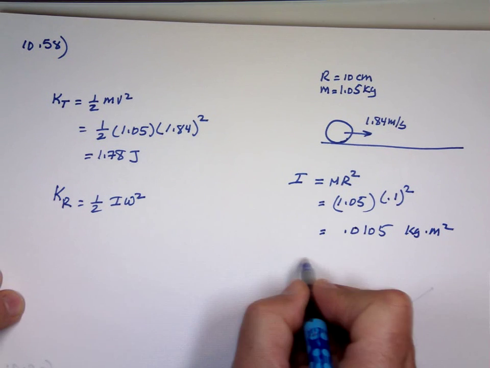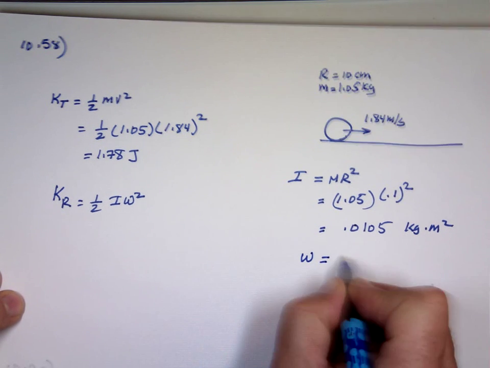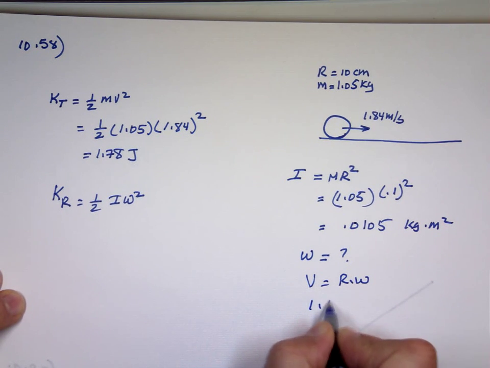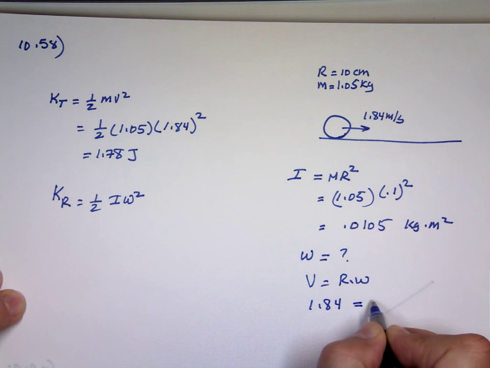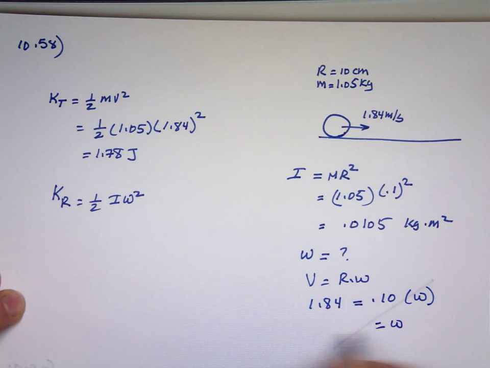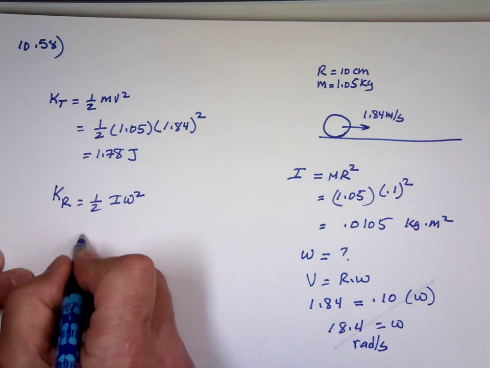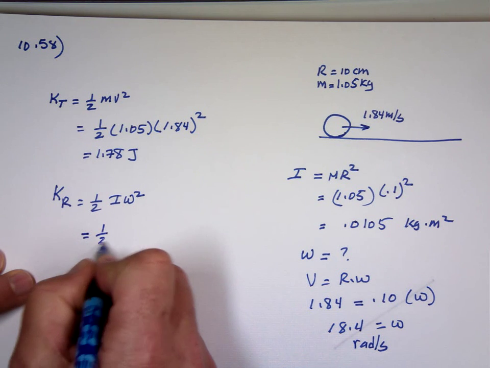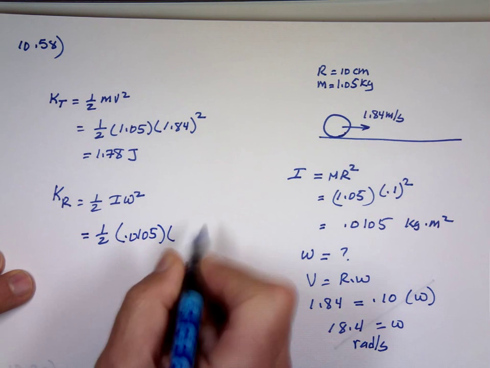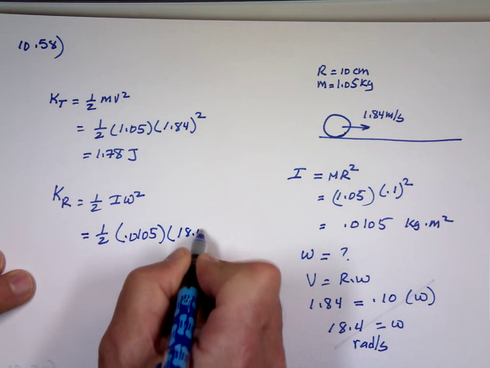W, we don't know what W is. V equals R times W. We know V, we know R. Can we find W? W is 18.4 rad per second. So the rotational kinetic energy is 1/2 I, 0.0105, times W, which is 18.4 squared.